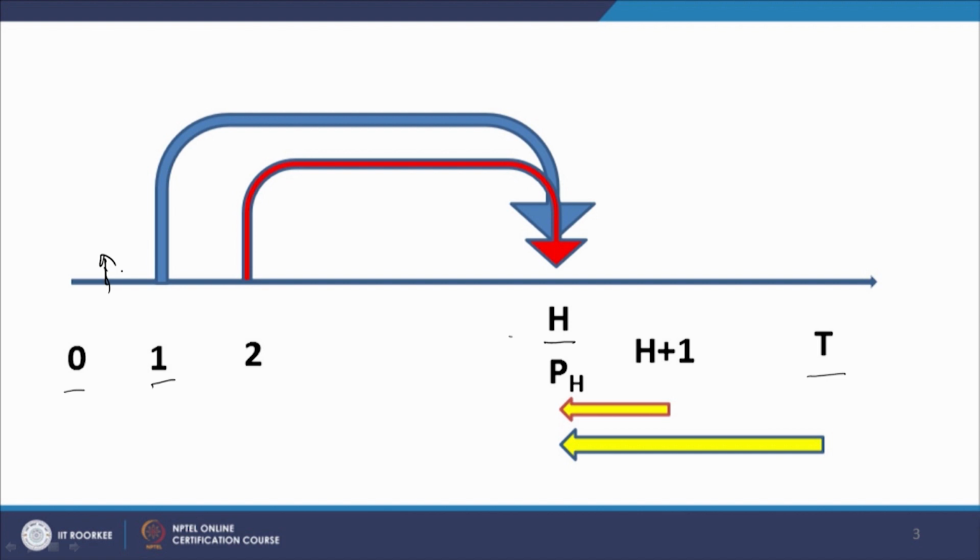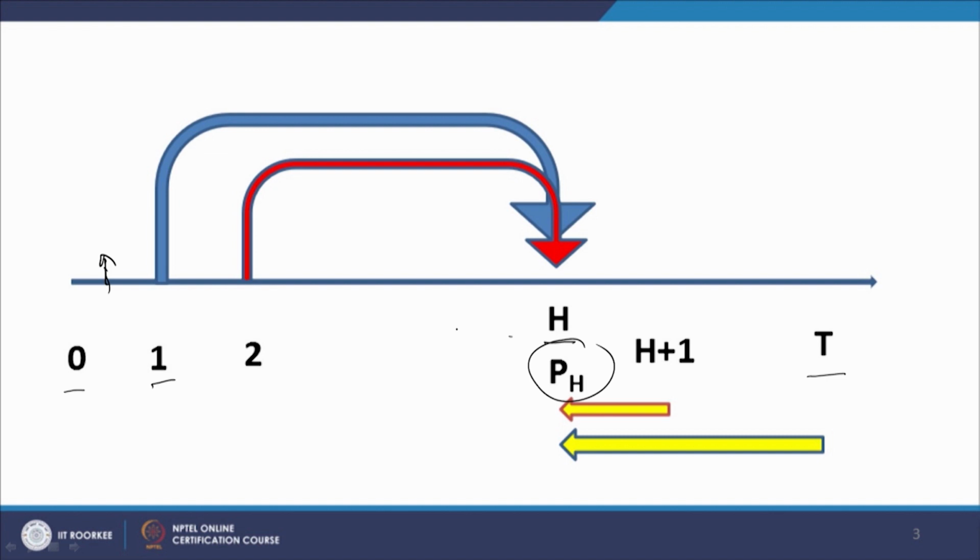Please note this particular point, that when you liquidate the entire investment at t equal to capital H, not only will you get the proceeds from the selling of the bond, that is at the price P H, but you will also get the proceeds of the reinvested coupon that you have invested at t equal to 1, t equal to 2, t equal to 3 and so on.